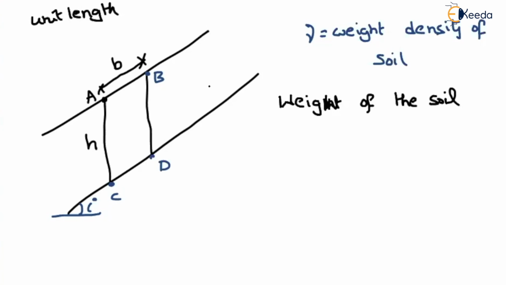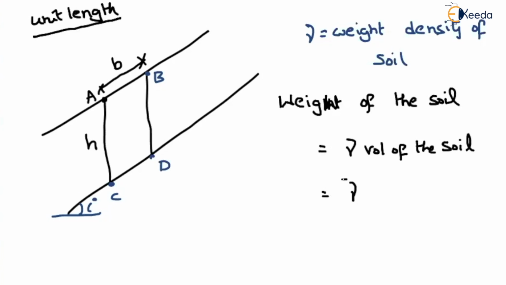This is along the cross section, and we are considering the length of the element equal to 1, or simply we call it the unit length. So how will we find the weight of the soil? That will be equal to weight density into volume of the soil.